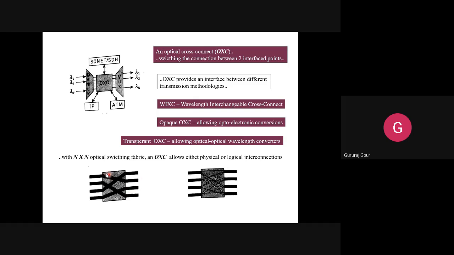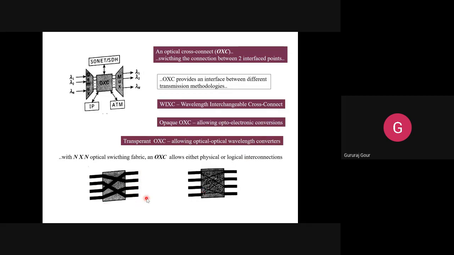Suppose this block is indicating the N by N optical switching fabric, and if you assume that it is including WXC, it is going to perform wavelength interchangeable cross connection. That means it is going to perform wavelength conversion from the desired input set of wavelengths, and after that, if desired, it can also do the multiplexing, then it will be sent out with a physical connection.